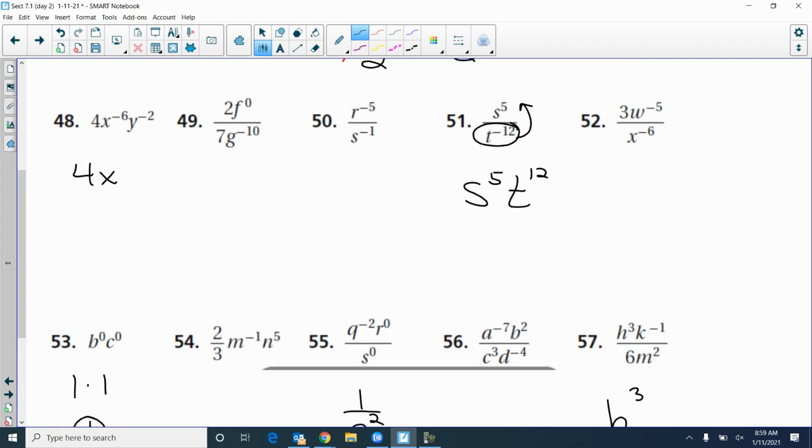Give me something so I can either fix it or know you're right. What happened to the 6? Is it going top? Okay, the negative 6 is with the x. So wherever the x goes, it has to have that power.